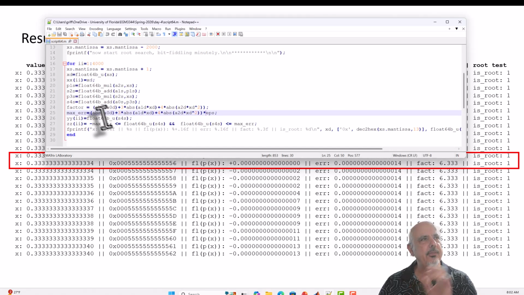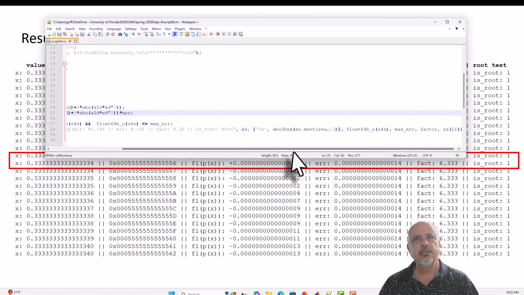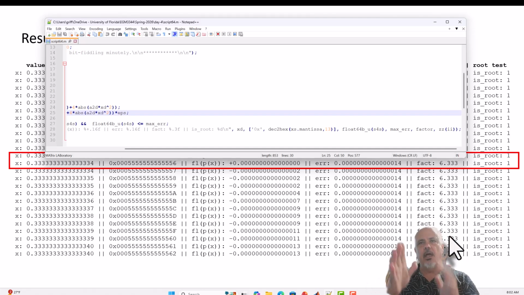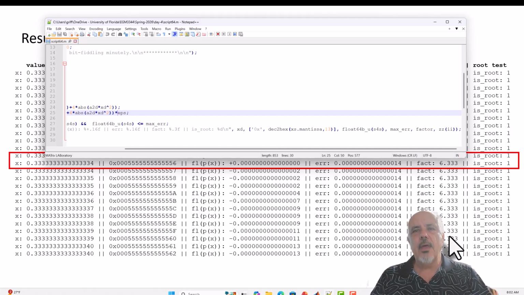Factor is the thing that multiplies EPS in the error. So that's how many machine epsilons you have in your buildup. That's showing 6 machine operations. That's sort of the tolerance. That's how I look at it.